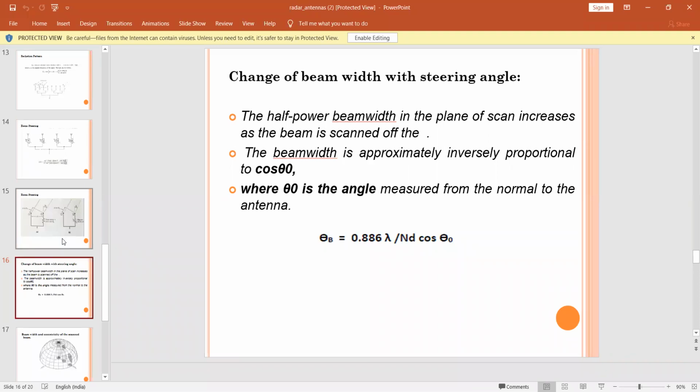So the half power beam width in the plane of scan increases as the beam is scanned off broadside. The beam width is approximately inversely proportional to cos theta naught, where theta naught is the angle measured with respect to the antenna.